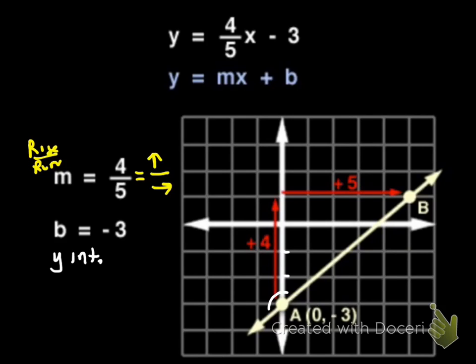This is b, my starting point, negative 3. And now I use my rise over run. I go up 4 from here, up 4 and over 5 to get my second point. And that's it.